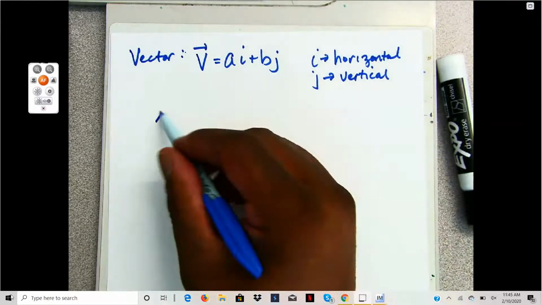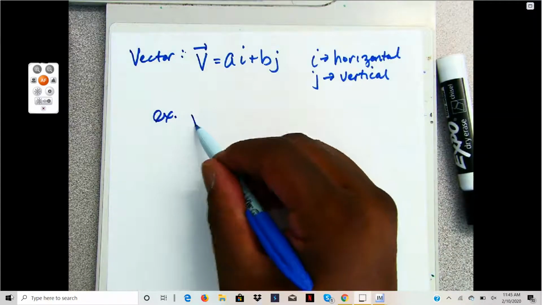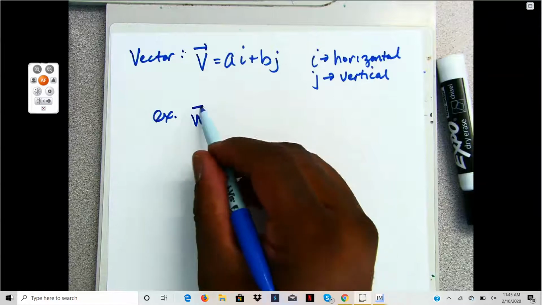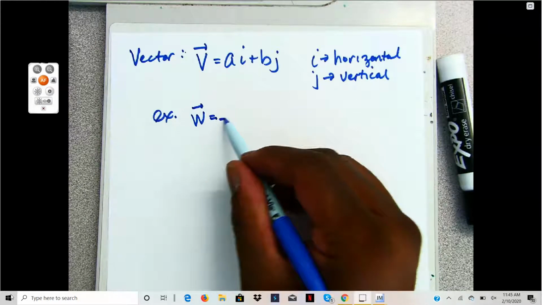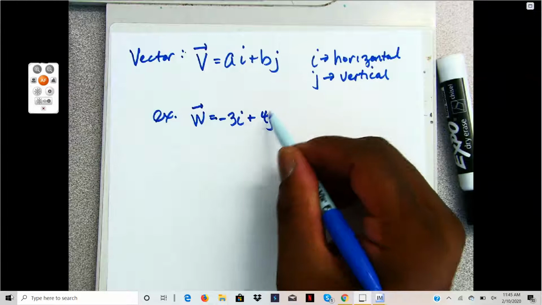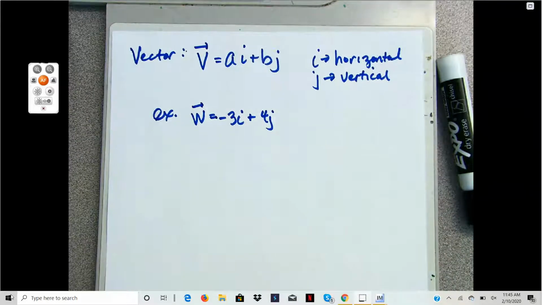All right, so let's say we had vector w equals negative 3i plus 4j. How could we graph that?